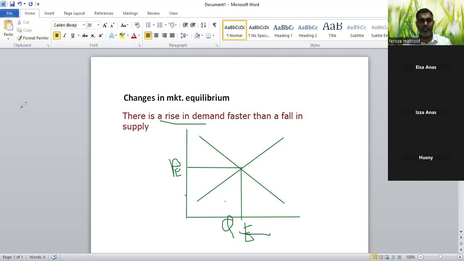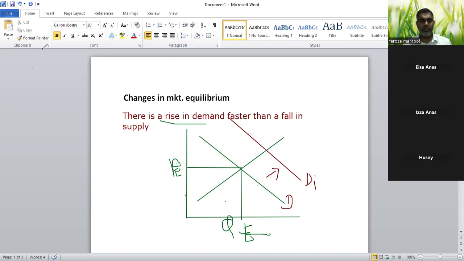Demand increases, supply decreases, demand increases faster. So let's see, demand is rising faster than the fall in supply. So we show the new demand curve here. New demand curve. Earlier it was the demand curve. Now it is D1. Demand has been shifted to the right.